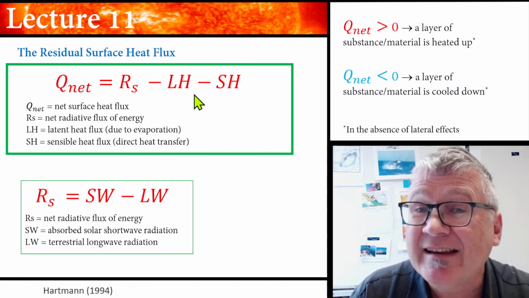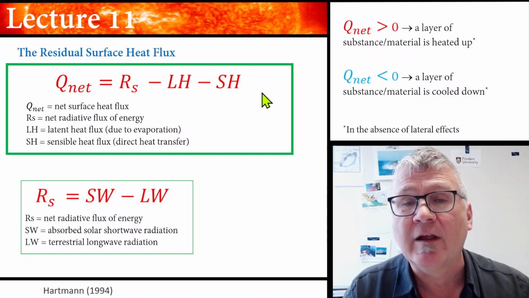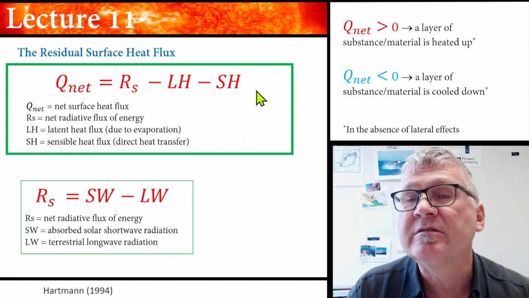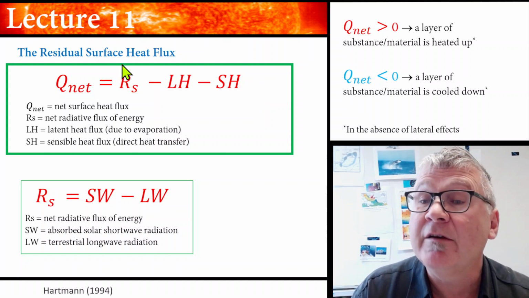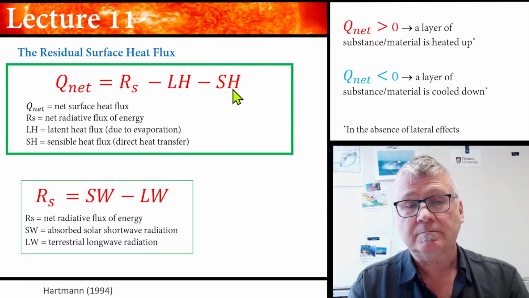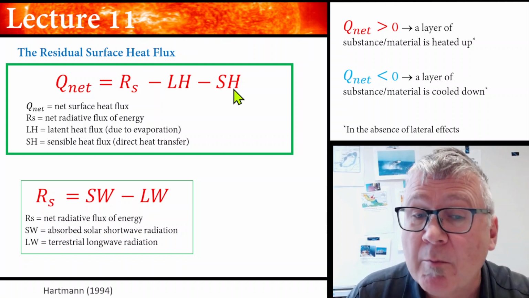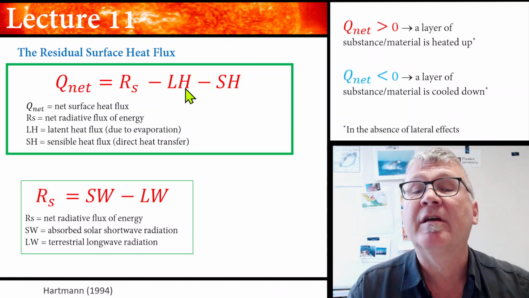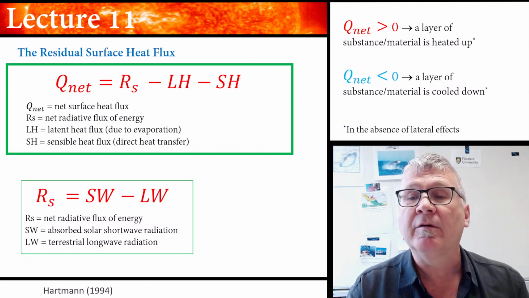If the right-hand side is 0, there is no heat flux and the temperature of your substance does not change. If it's positive, your substance will become warmer. If it's negative, your substance will cool down. This is written up here on the right.